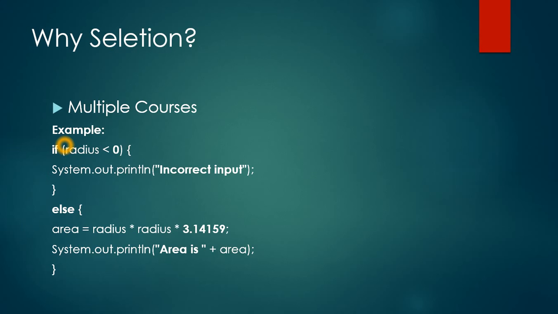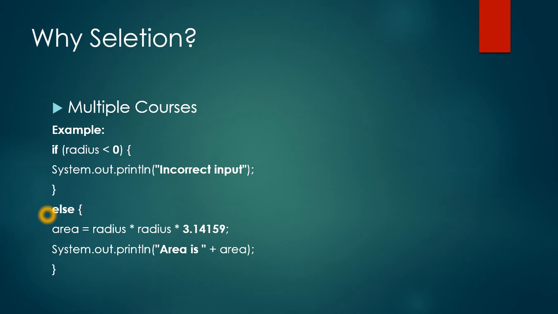the if statement, this program reads, if the radius is less than 0, then basically system prints out incorrect input. And the else statement, which means if it's greater than 0, the area equals radius times pi.